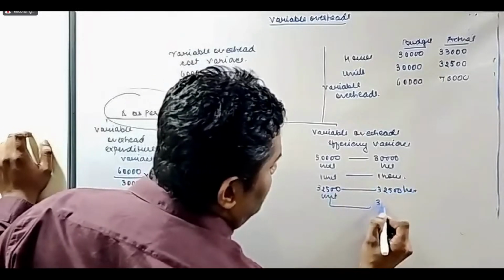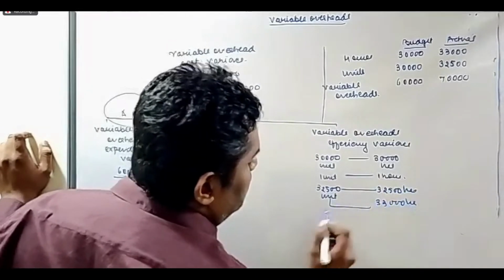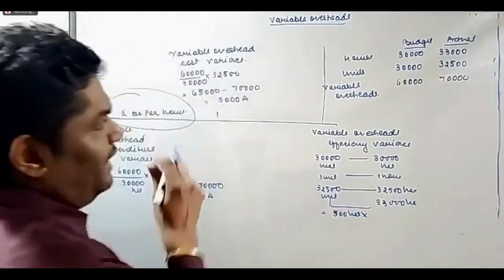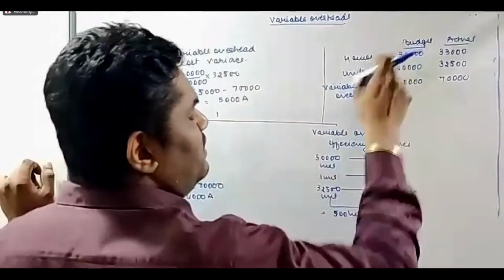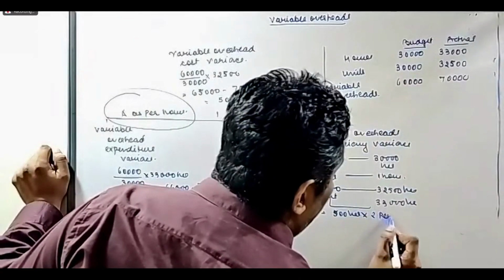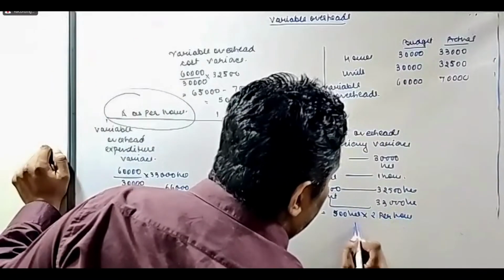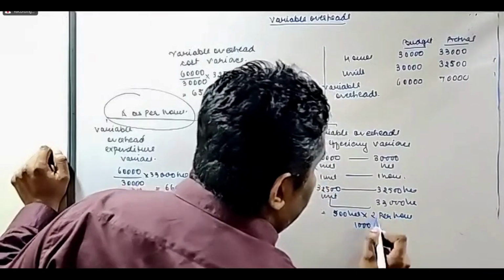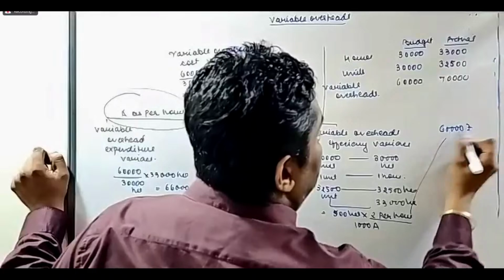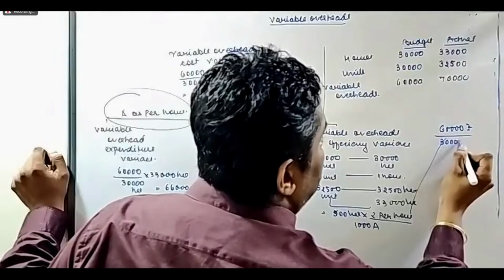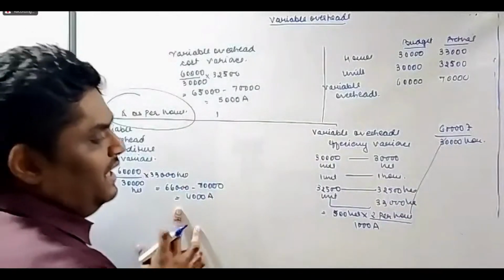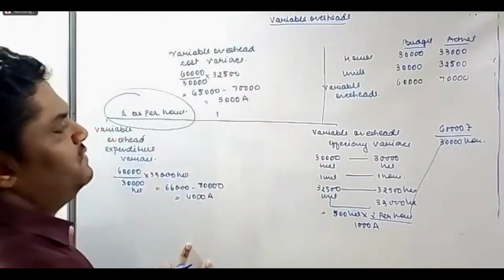But we took 33,000 hours. So 500 hours is my inefficiency, into the rate per hour. That is 60,000 divided by 30,000, so this will be rupees 2 per hour. So this will be 1,000 adverse. So 4,000 adverse plus 1,000 adverse, 5,000 adverse.